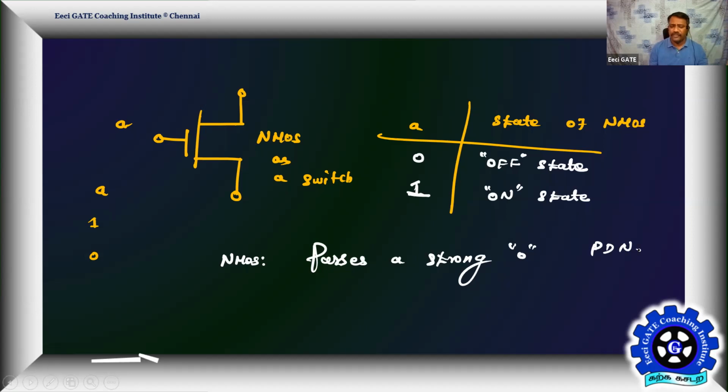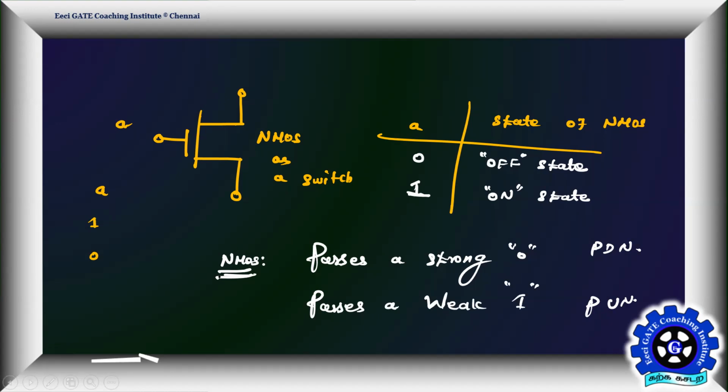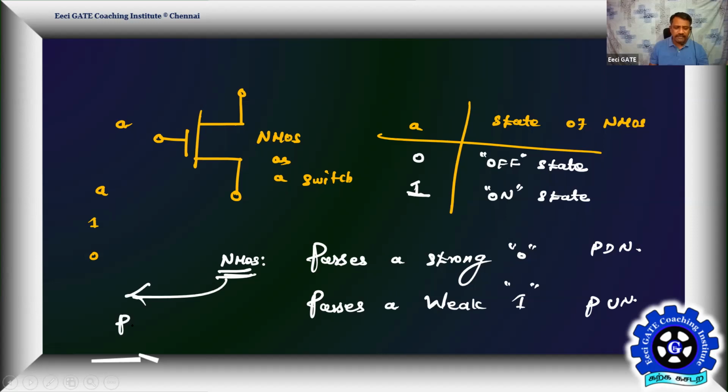But when you connect it for pull up purpose, NMOS at the top, where the top is pull up and the bottom is pull down, it is going to pass a weak 1. Getting it? Never use NMOS for what? Pull up network. Always, NMOS finds application in pull down only. So the pull down network is completely made of NMOS switches, and the pull up network is completely made of PMOS switches.